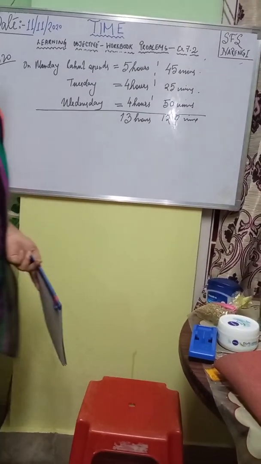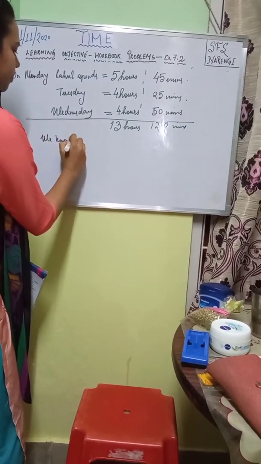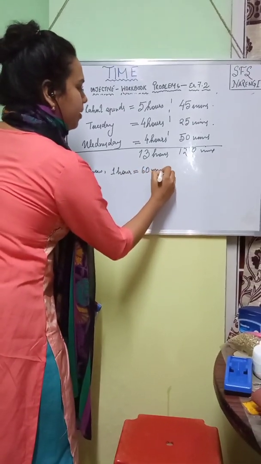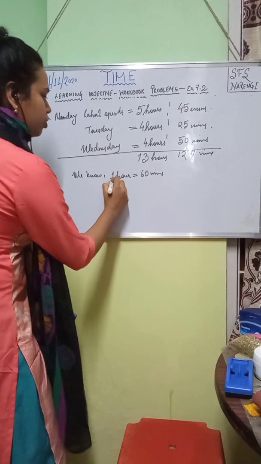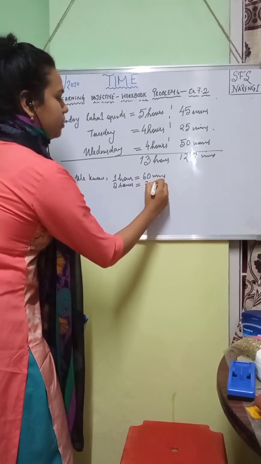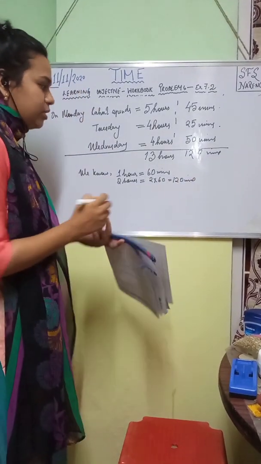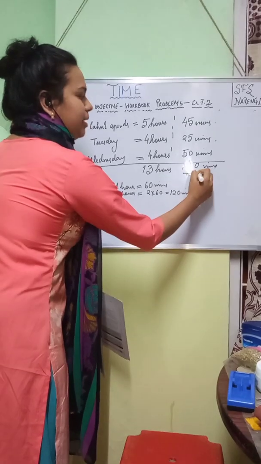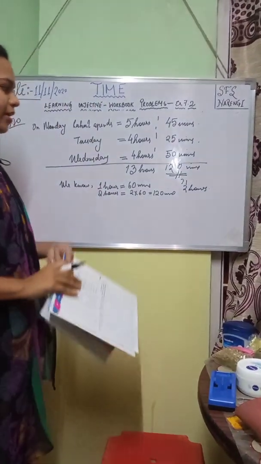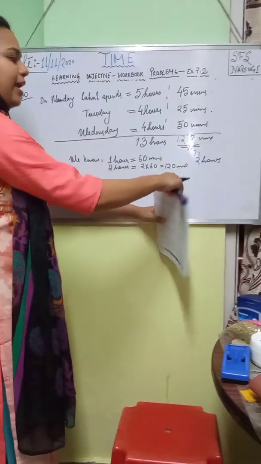Now I want you to know, children, that we know that 1 hour is equal to 60 minutes, right? So 2 hours will be how much? 2 into 60, that is 120 minutes. So please note, children, that 120 minutes is equal to 2 hours, right? There are 2 hours hiding in this 120 minutes. And then what can you do?